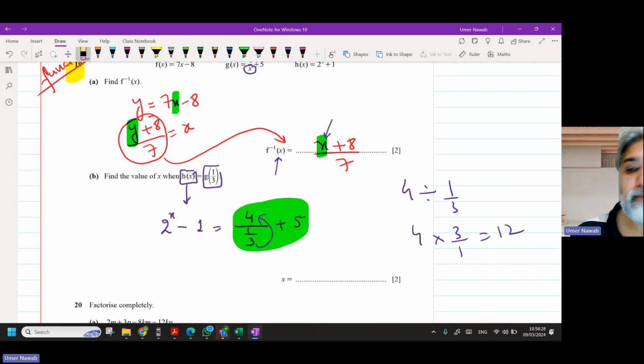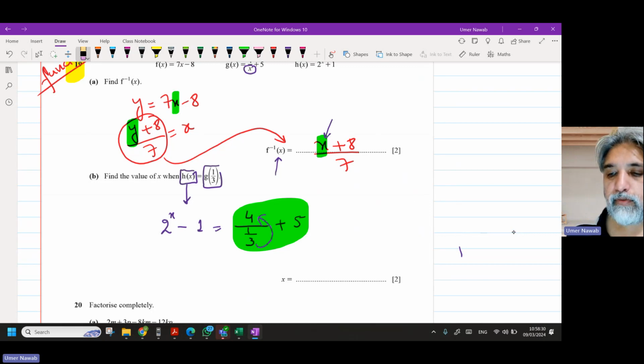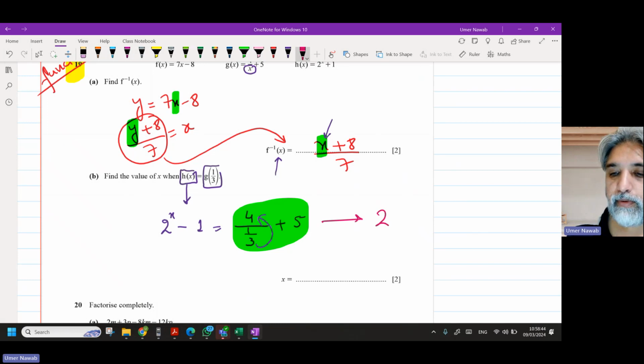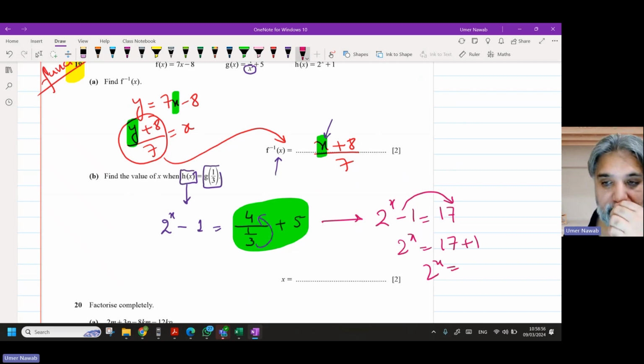I know that, but students can also verify it from the calculator. So 4 in the numerator, and in the denominator write another fraction, 1 over 3. My answer is 12. So 12 plus 5, which is 17. So 2 raised to the power x minus 1 is equal to 17. So minus 1 goes here. So 2 raised to the power x is equal to 17 plus 1, which is 18.